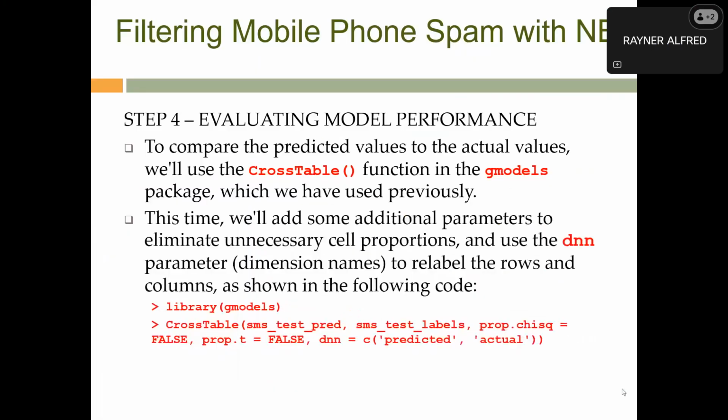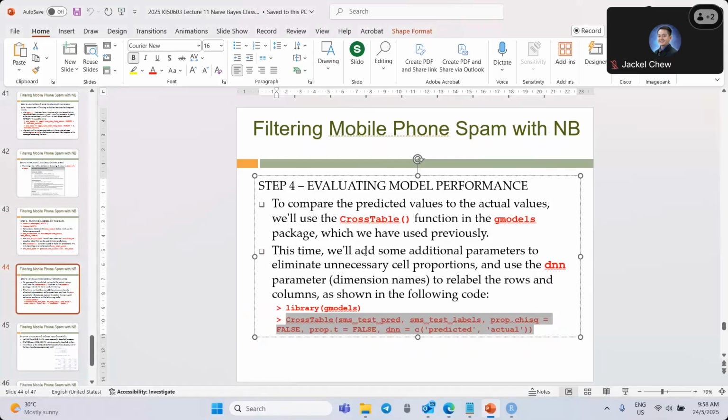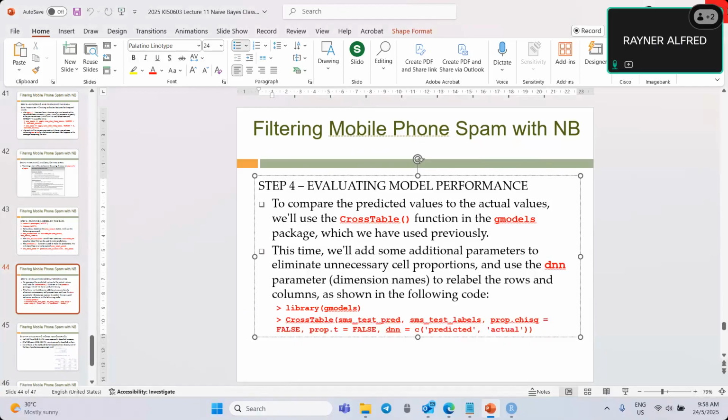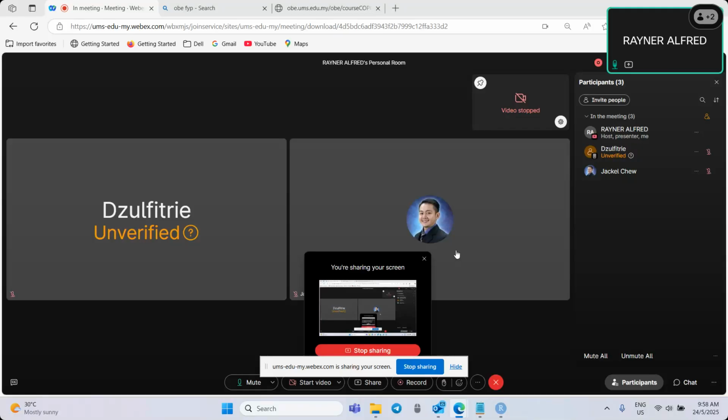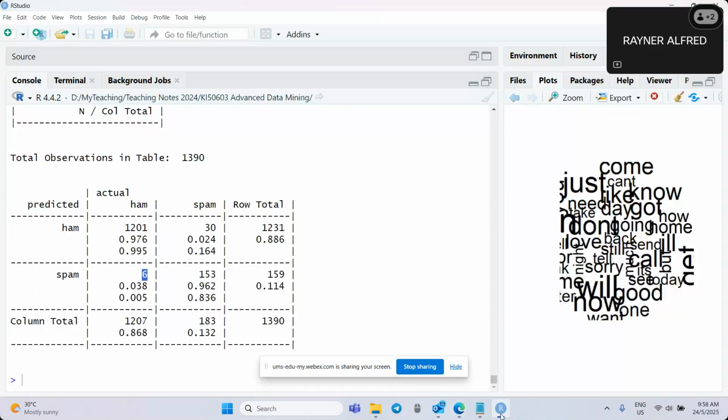Wait. Let me get out from here first. I stop sharing first. I share the entire screen. Now you can see the R Studio. Yeah, can now, Prof.